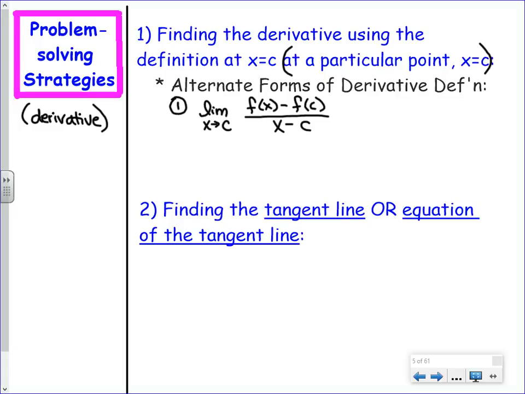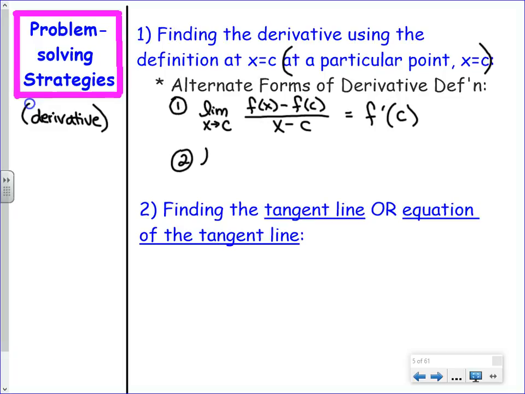If we see subtractions of different functions, or of a function and a number, and if we're getting 0 over 0, maybe it's just a derivative kind of hidden in a limit form. That's one way. This would equal technically f prime of c, or f prime of x with x equaling a certain number being plugged in. It will be a number itself, not an equation.